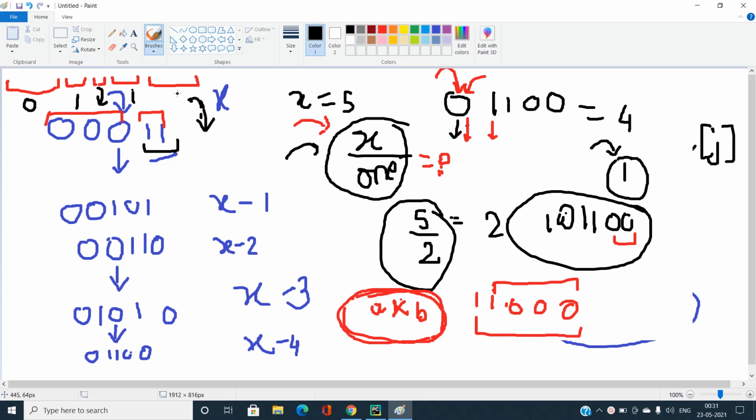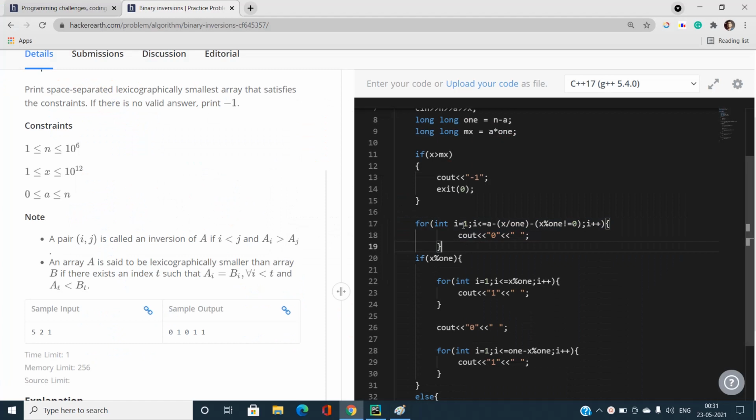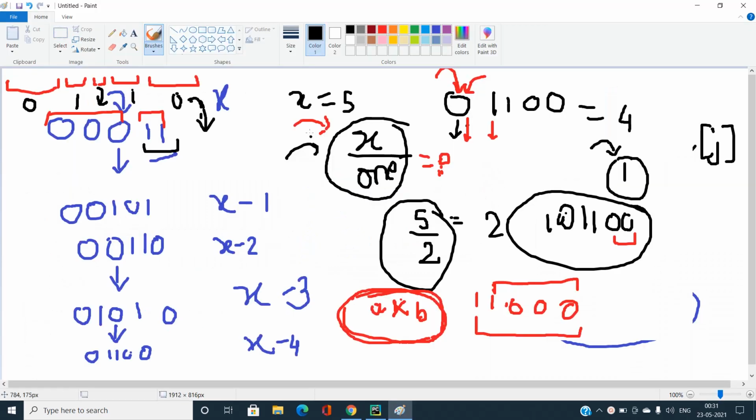First I will try to print the some zeros, and how would that be possible. I will start the looping with i equal to 1, and I will print up to a minus x by 1. Suppose this division says I have to print x by 1 amount of zeros to the right, then the remaining would be a minus x by 1, and I need to consider this division also. If x modulus 1 is non-zero, I need to print one 0 less, because that 0 should be printed in between, at this position.